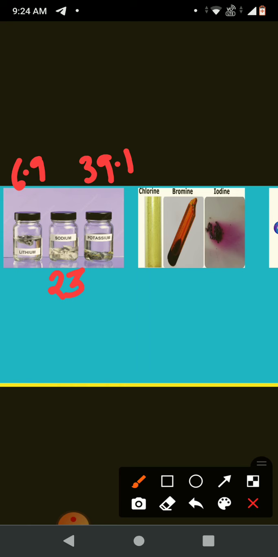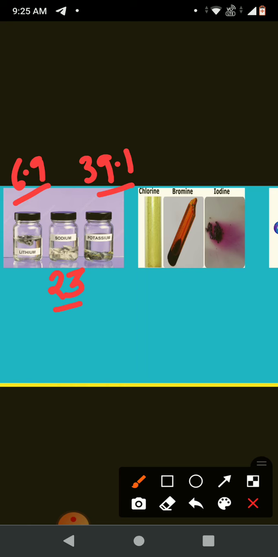If you observe, these elements are arranged in an increasing order of their atomic masses: 6.9, 23 and 39.1. The element with the smallest mass is lithium, which is 6.9. Then sodium has atomic mass 23, which is greater than lithium, and potassium has atomic mass greater than sodium.